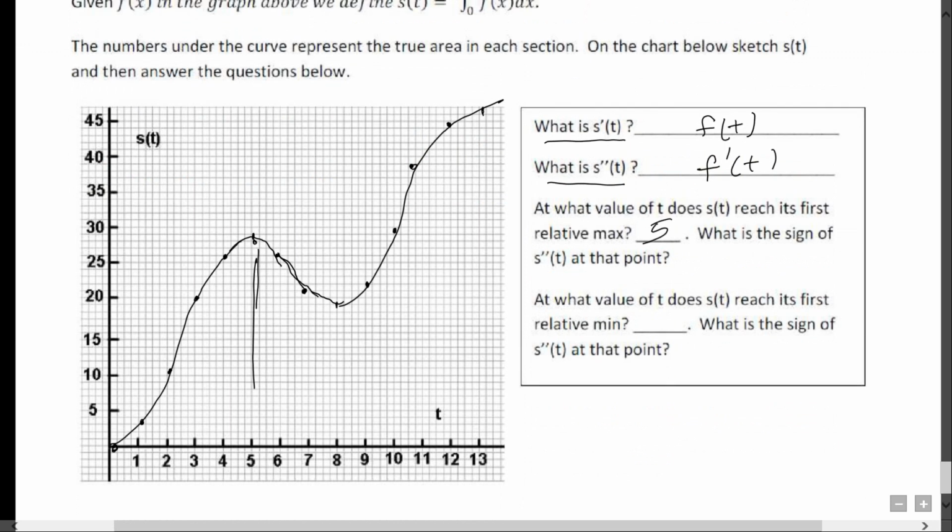And then the other question, at what value of t does it reach its first relative min? And that is at t equal to 8.